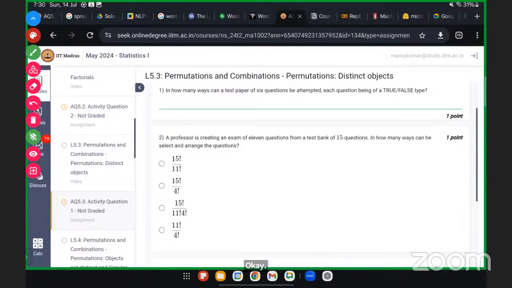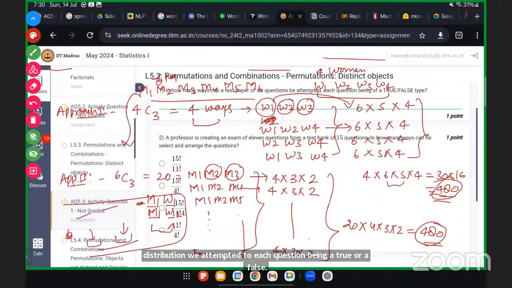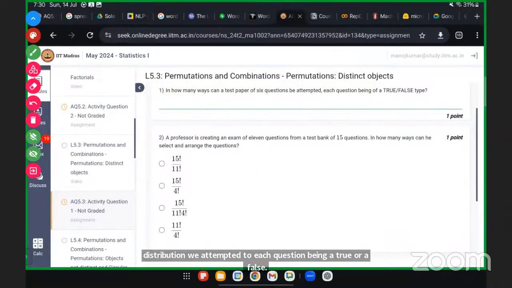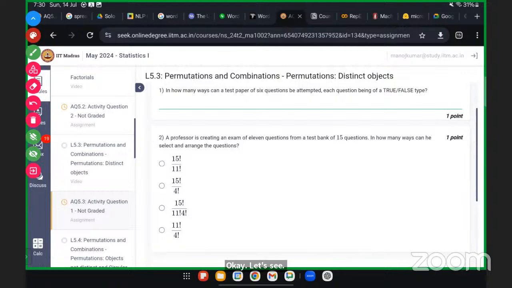Question number 1: in how many ways can a test paper of 6 questions be attempted, each question being true or false? Let's see. Say he wrote the first as true, second true, all true, that is one possible way.